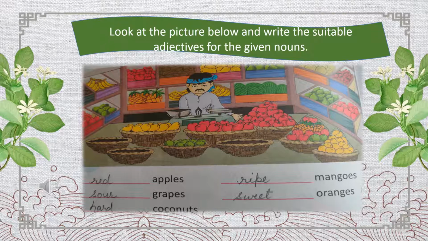Now comes oranges. Sweet oranges or sour oranges or orange colored oranges, big size oranges, fresh oranges. All these describing words we can use for the given nouns.